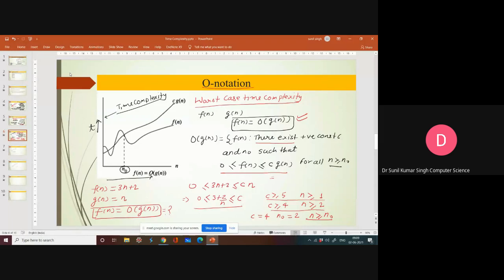So if it is holding the condition for these values, then we can say that this function f(n) can be expressed in terms of g(n).